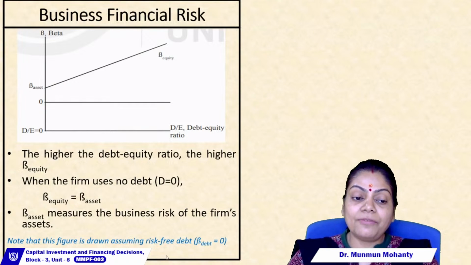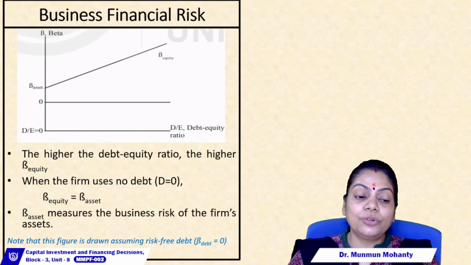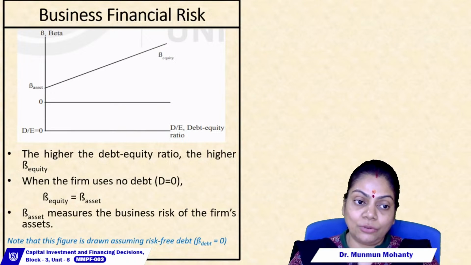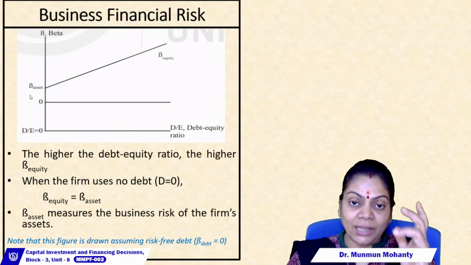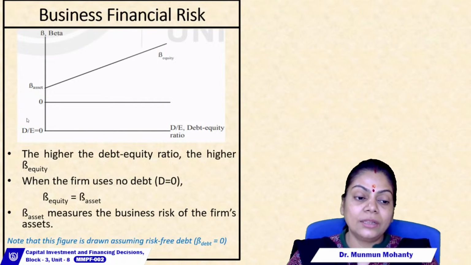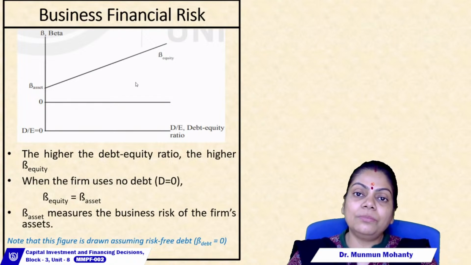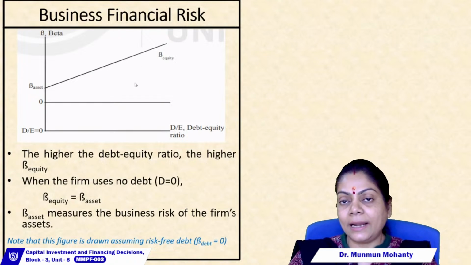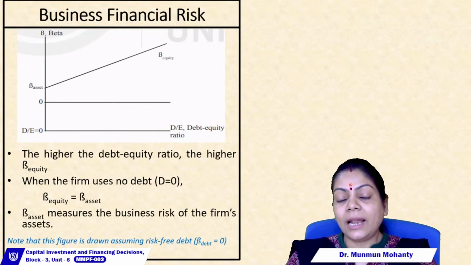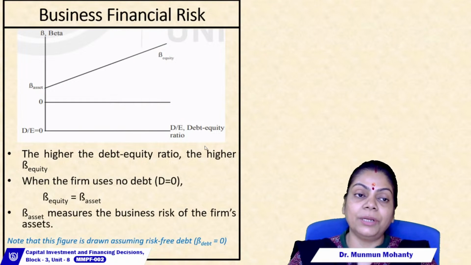Now we started with the concept of the business risk and the financial risk. So the beta of the total asset, that measures the weighted average beta of the equity and the debenture, measures the business risk of the firm, whereas the spread between this asset and this debt measures the financial risk of the company.